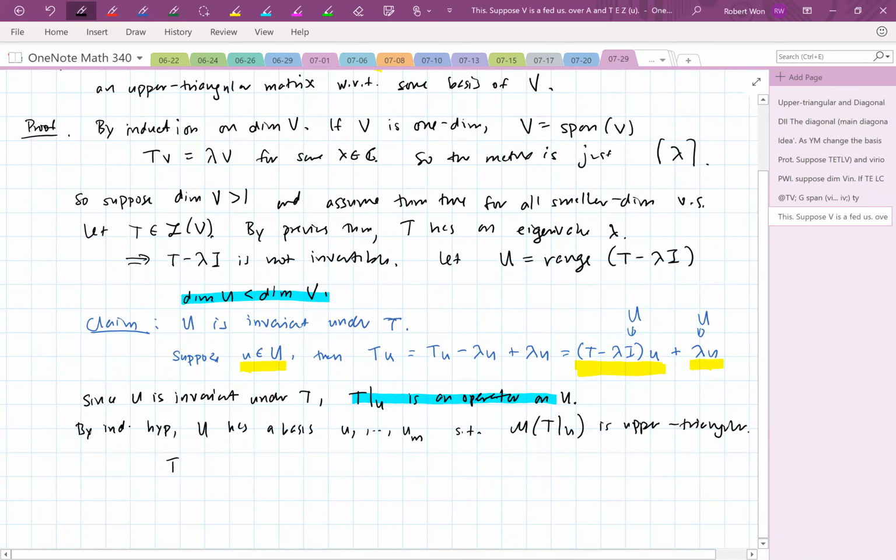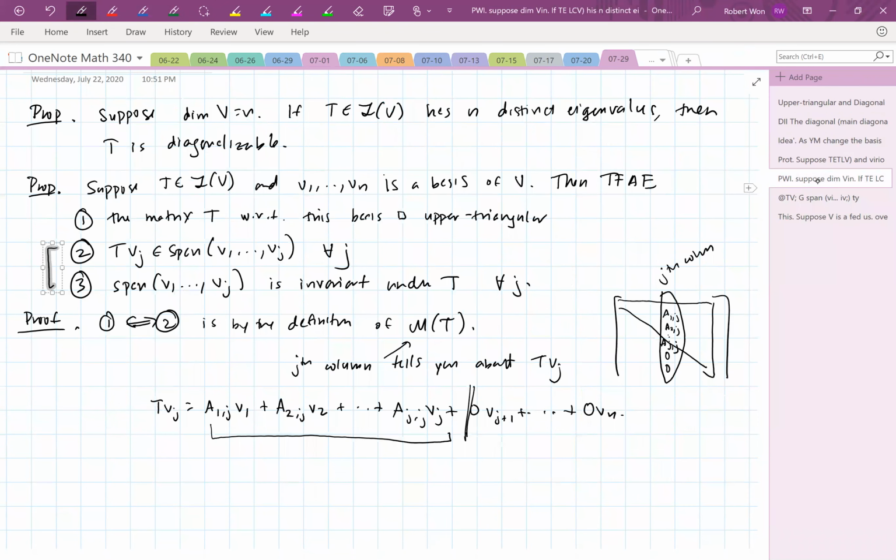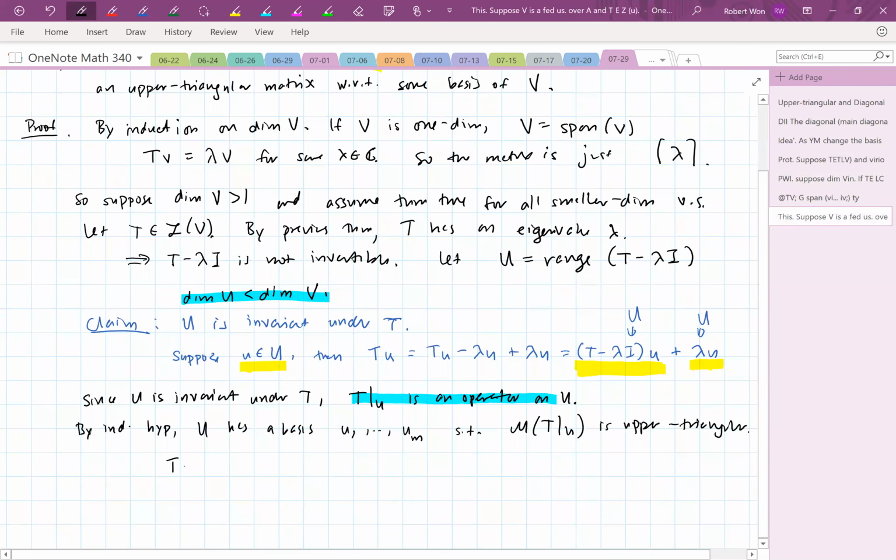By the previous theorem, it means that T of uj is in the span of all the previous uj's. Well, the restriction of T on uj is the same thing as T of uj. So T of uj, since uj is in U, you could just restrict. This is in the span of u1 up through uj. That's what it means for this basis of U.